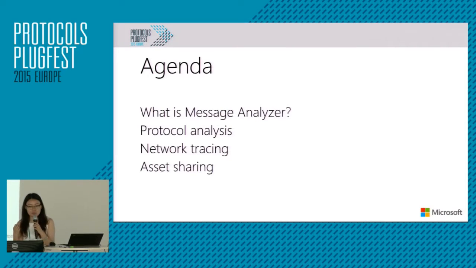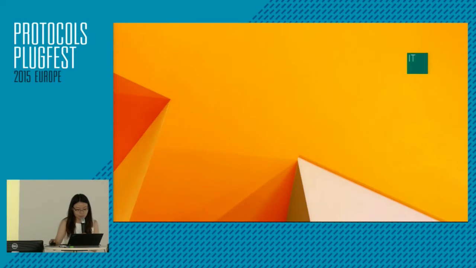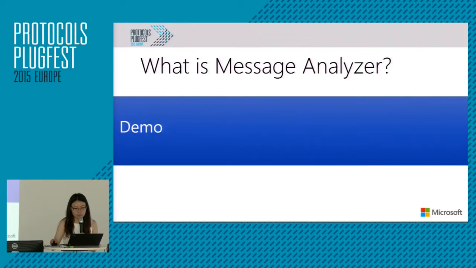I will introduce the tool directly and introduce how to use the tool to do the protocol analysis and typical scenarios you can use the tool to gather traffic, gather data, and also this tool can be used to share among the community like different resources. Of course, it's a tool, you want to know how it works from a demo directly. So now I'm going to show you through a demo.